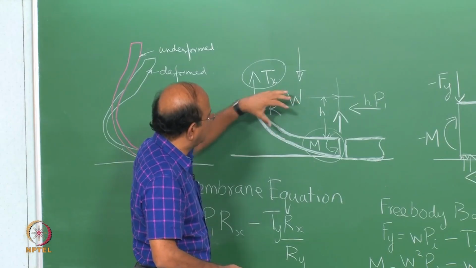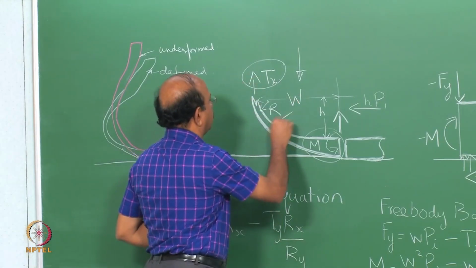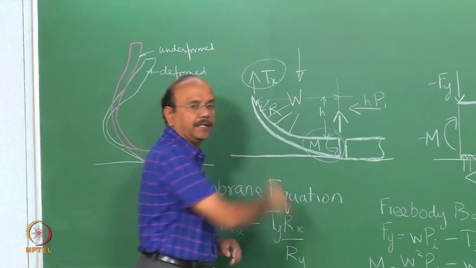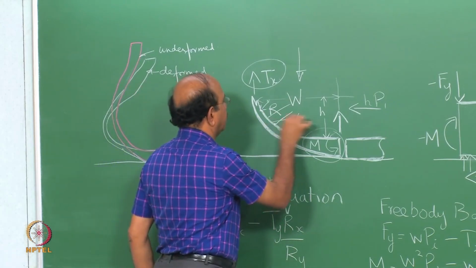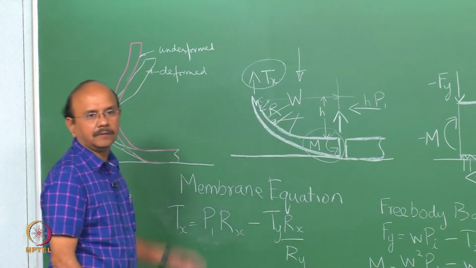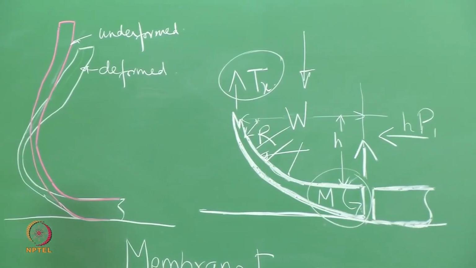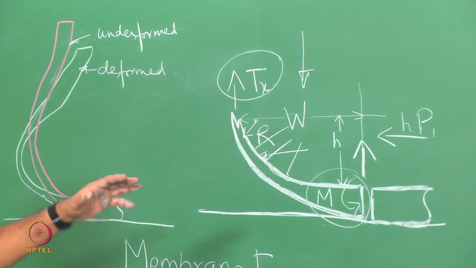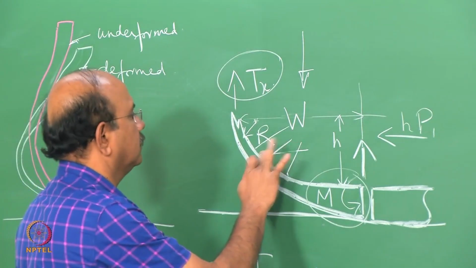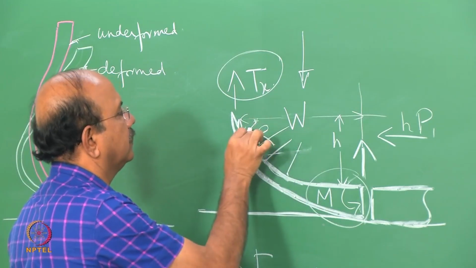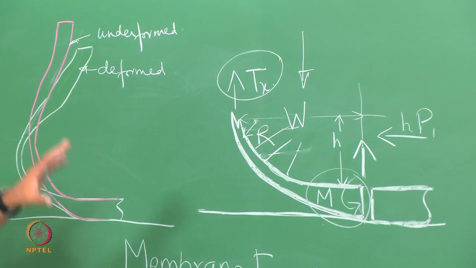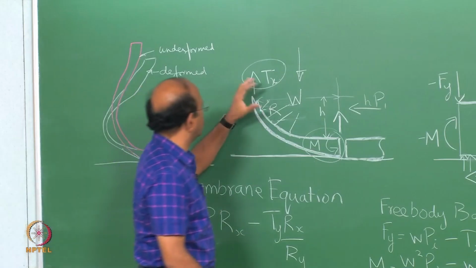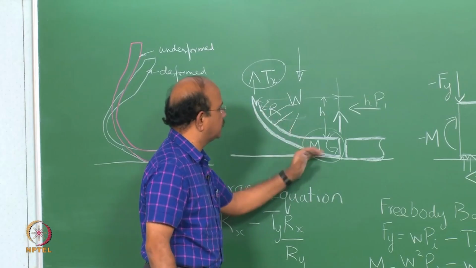It has a tendency, so there will be these inflation pressures acting, and so there will be a force acting in that direction. The sum of these inflation pressure forces, maybe somewhere here, is acting, and so because of these forces there is a bending.